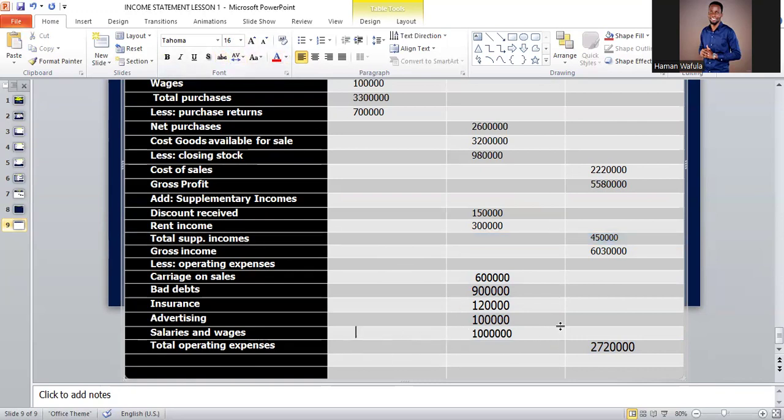So we subtract from our gross income, which is 6,030,000, minus our total operating expenses, which is 2,720,000, we get 3,310,000.